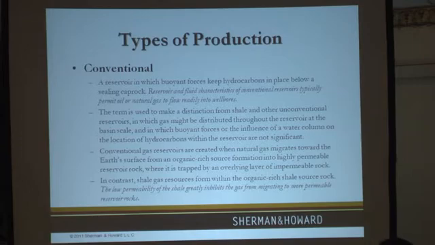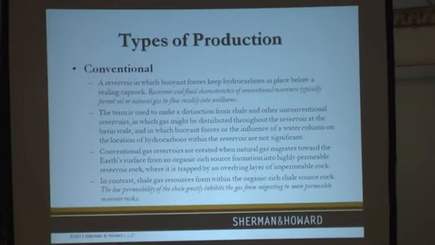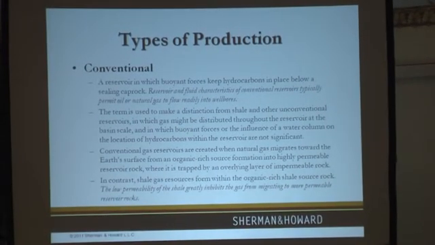One of the other confusing aspects of oil and gas is this reference to conventional versus unconventional production. I pulled these definitions from the Schlumberger glossary and some of them from the Energy Information Administration. Basically, conventional reservoirs are reservoirs that we've been producing out of for a long time.